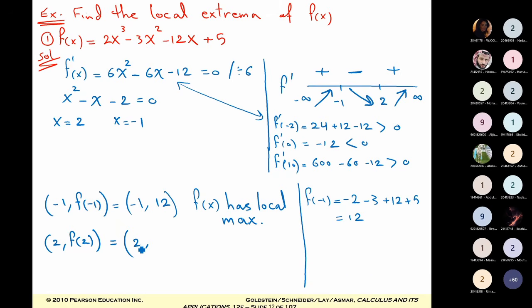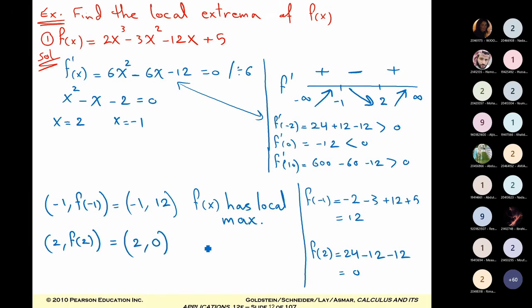Now, the second point, find f at 2. So we have 2 squared, 4 multiply 6, 24. 2 multiply negative 6, negative 12, and negative 12. So we have 0.